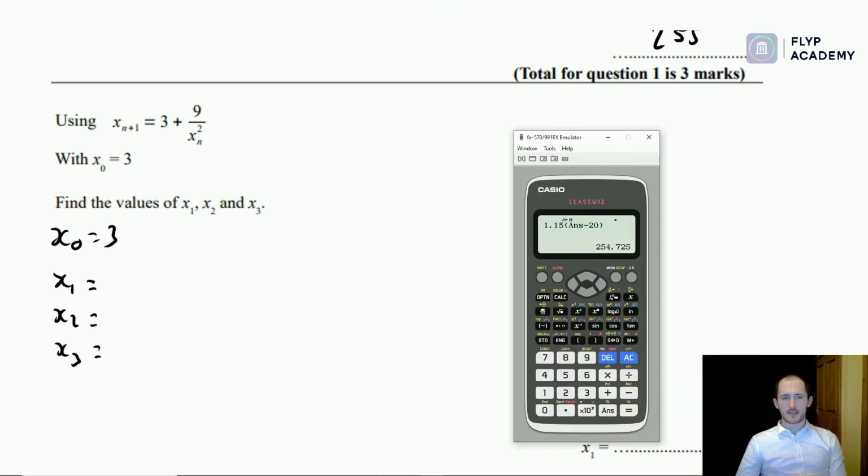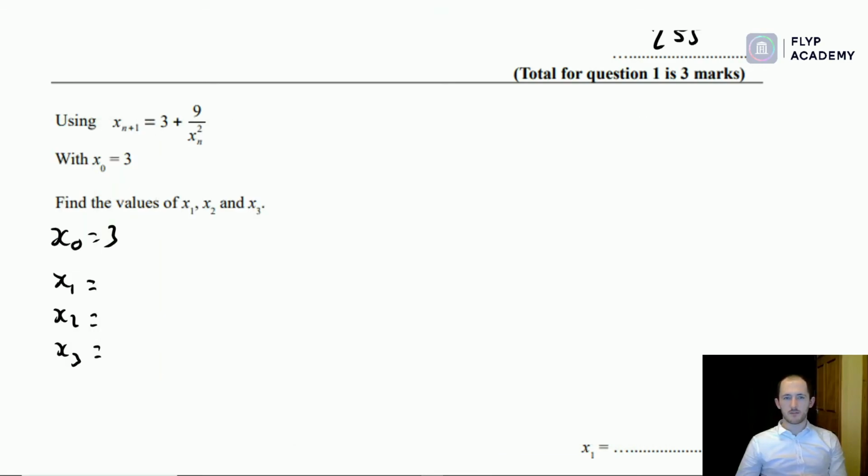Okay? So we take our x0 value, which is 3. So 3 equals, it's now the ANS button, okay? Now I write this exactly as it is, but instead of the variable, we put the answer button. So 3 plus 9 over ANS squared. So I just press equals, I get 4. Okay.